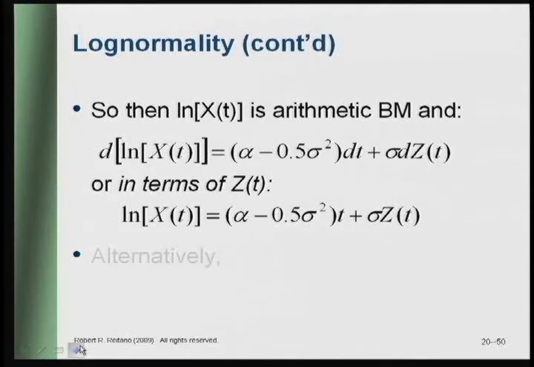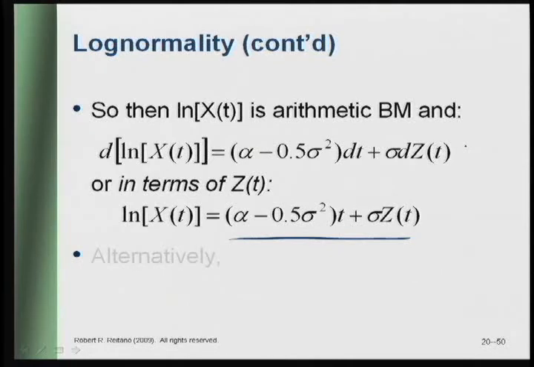So since the log of x is arithmetic Brownian motion, we can write it this way, that the change in the log of x is arithmetic. In terms of z, we can say the log of x is equal to, because we can add up arithmetic Brownian motion the way we did it before and predict what the log of x of t is.